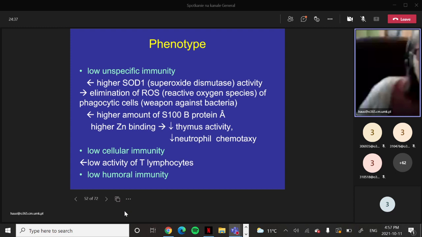As a result, there is a higher binding of zinc, because protein S100 beta is a transporter of zinc, and higher zinc binding means lower activity of thymus and lower chemotaxis of neutrophils. Okay, you understand?